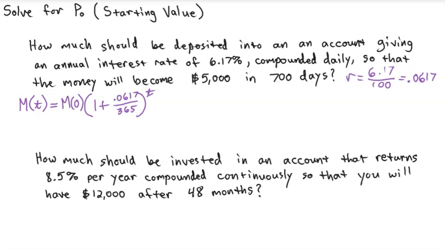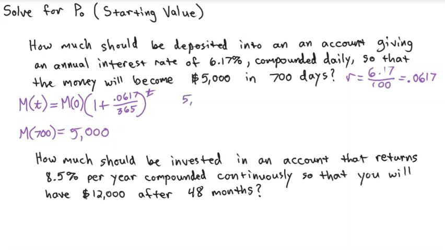After 700 days, so that's m of 700, m of 700 is 5,000. We're told it's going to become 5,000. So 5,000 is the ending value. And so we're going to set this up as an algebraic equation. We're going to put 5,000 in for m of t.